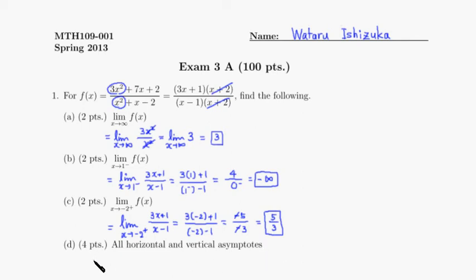Let's do part D. Part D, we want to find the horizontal and the vertical asymptotes. Part A indicates that since the limit at infinity is equal to 3, the horizontal asymptote is y equals 3.